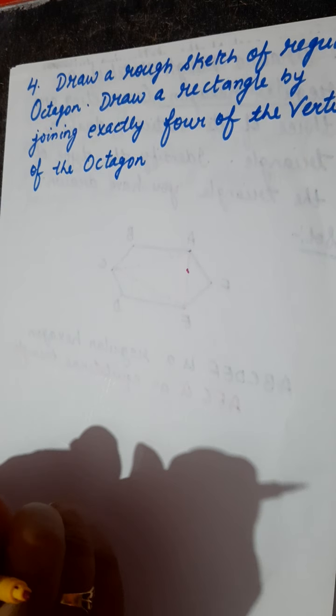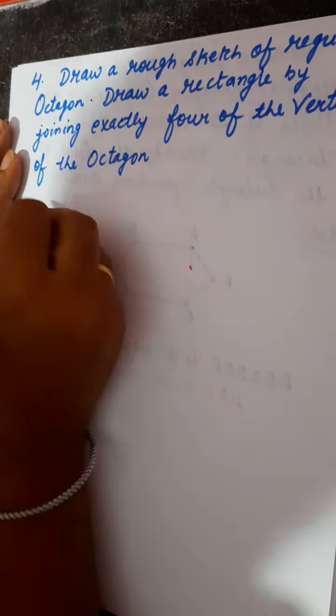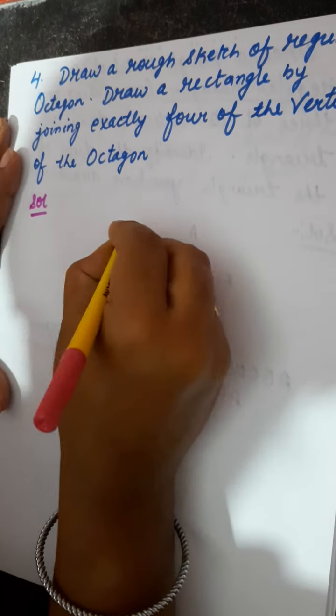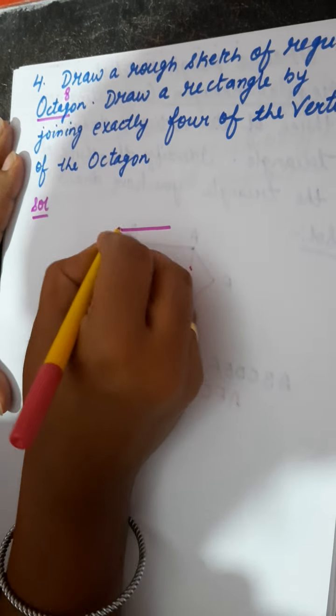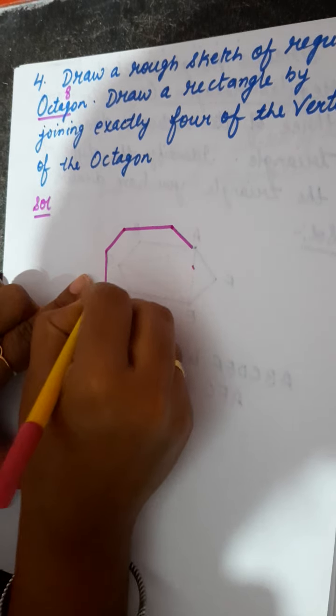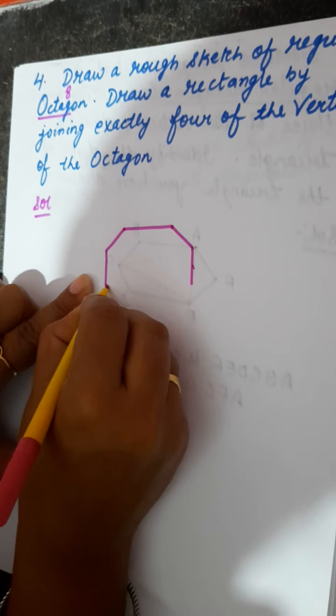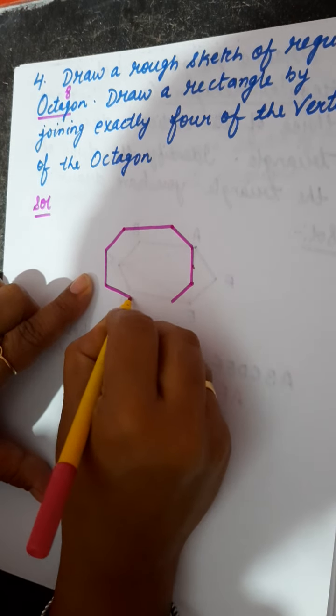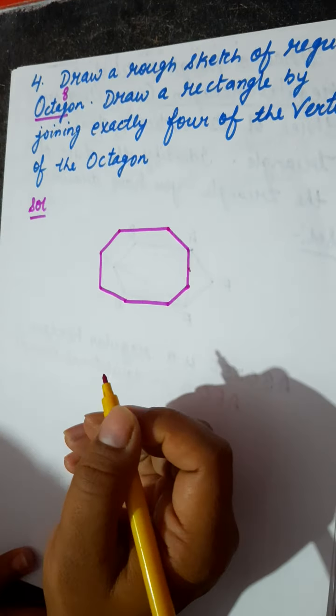Question number 4 is: draw a rough sketch of a regular octagon. So here we have to draw a regular octagon. Octa means 8 sides. 1st side, 2nd, 3rd, 4th, 5th, 6th, 7th, 8th. So this is your regular octagon.